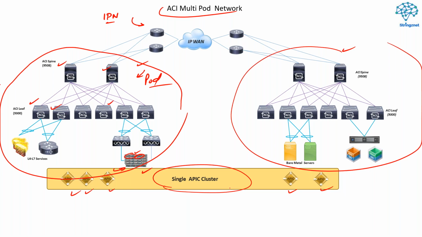Before coming to the configuration for this, we really need to understand how the provisioning of the devices, leaf and spine switches, happens in one single pod, one single location. This is going to be part of our journey as well, our ACI multi-pod.